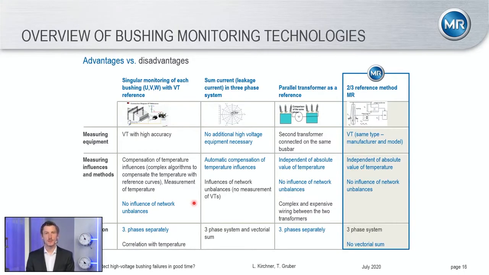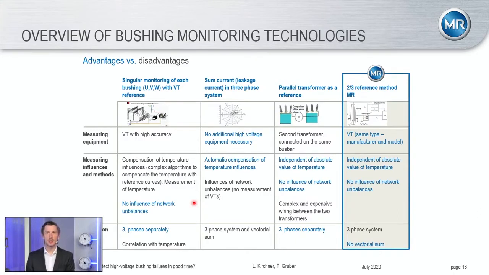So the only disadvantage, again, three-phase system. Just on a three-phase system it will work, but the major advantage is it works on almost every transformer, and it's a very robust way to monitor the transformer.